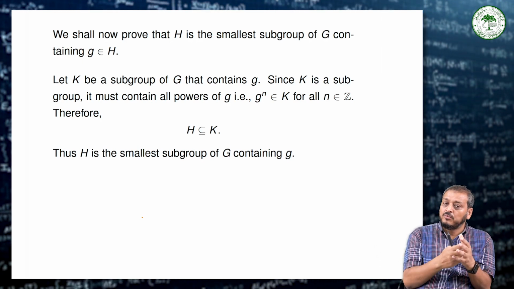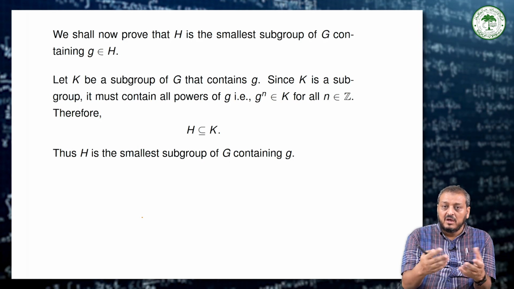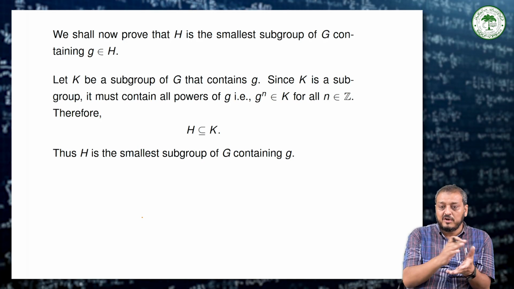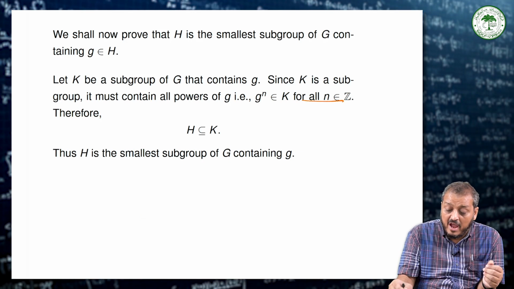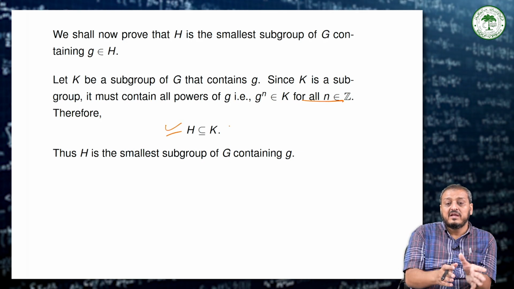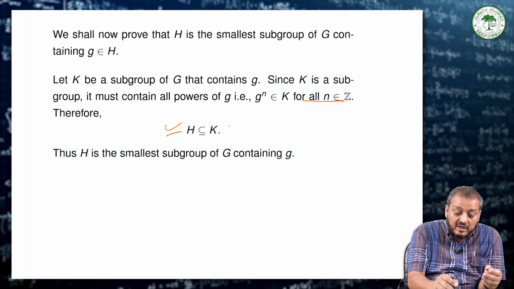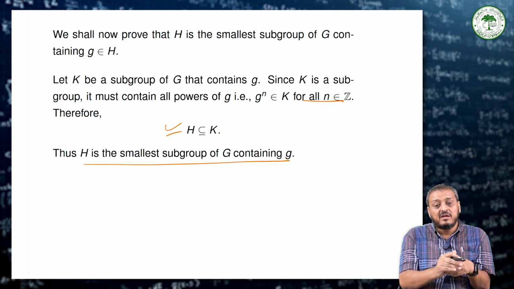Since K is a subgroup, it must contain all powers of g, that is g to the power n is an element of K for all n in Z. This means H is contained in K, and thus H is the smallest subgroup of G containing g.